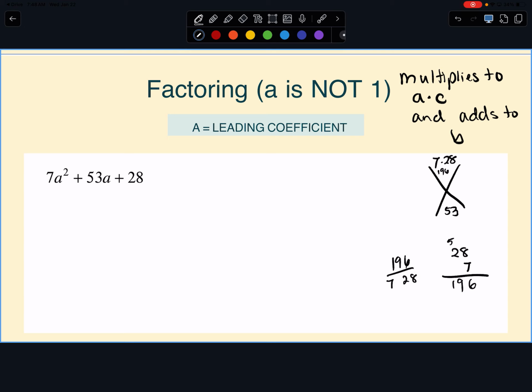Check those, right? We can also make a factor tree for 196. 7 and 28 get us started, and then 28 is 4 times 7. So the prime factorization of 196 is not terribly complicated. It's 7 times 7 times 2 times 2. So there's not a ton of combinations to check here.